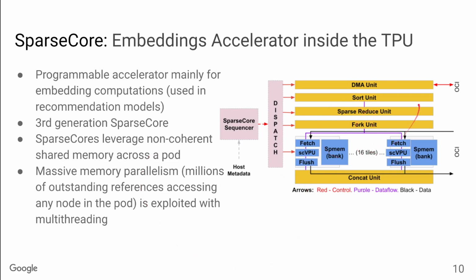The architecture of the Sparse Core is relatively straightforward. It looks like a processor. It's got its own memory, and then it's got fetch and vector operations and flushing. Then it's going to be able to concatenate embeddings. If you do a lookup for 4 different embeddings, you can concatenate those together.